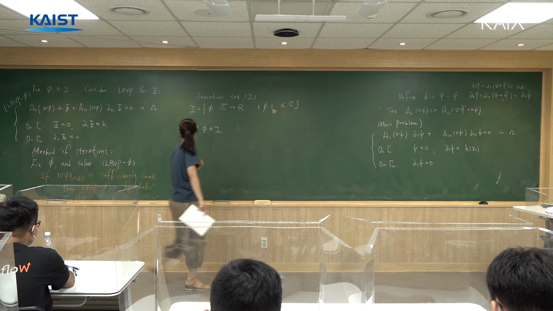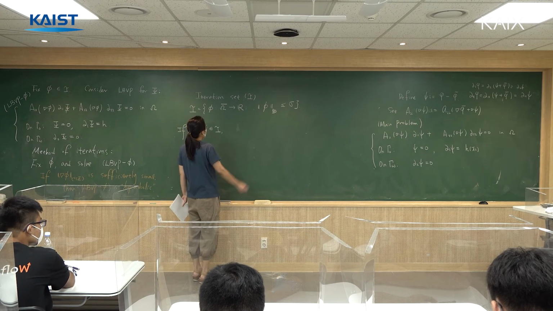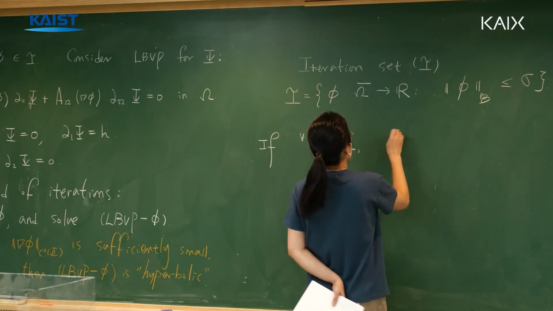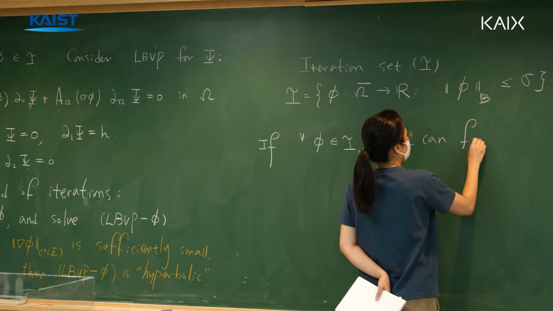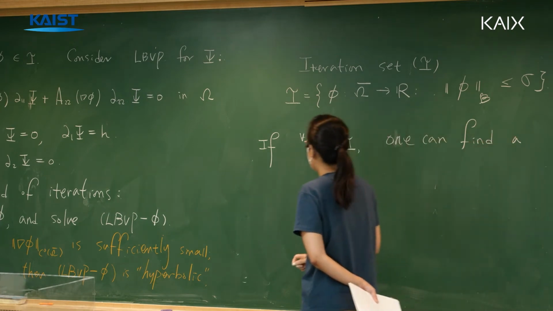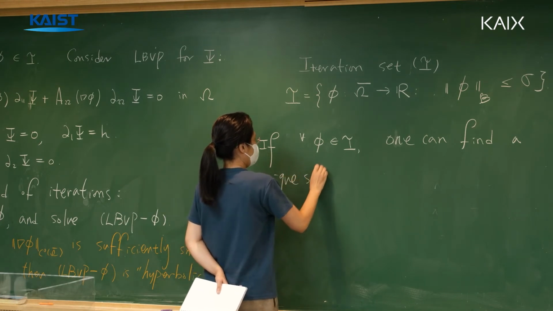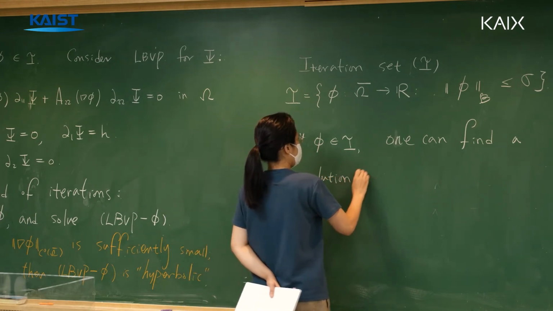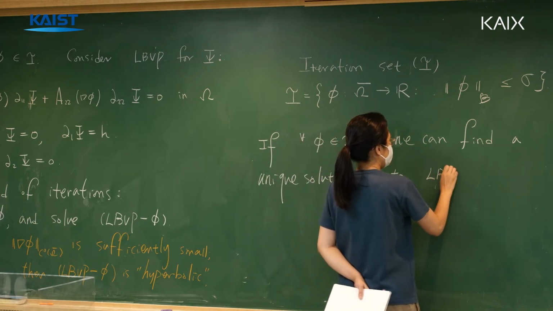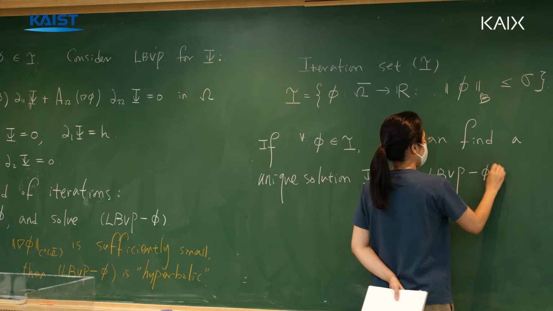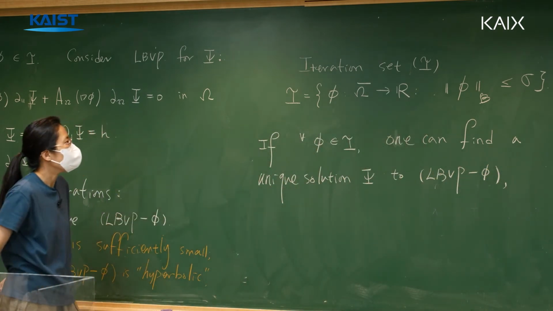Okay? Then for this hyperbolic problem, if for any phi one can find a unique solution psi to the linear boundary value problem for phi, this is where you use your knowledge from the first 2 days, right?